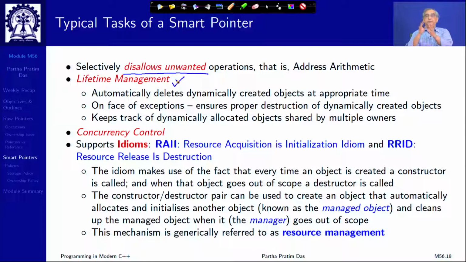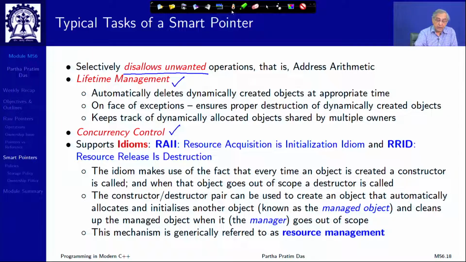In the face of an exception, they can ensure the actual destruction. They are useful in concurrency control, and they support the basic resource management idioms: RAII, the resource acquisition is initialization idiom, and RRID, the resource release is destruction idiom.